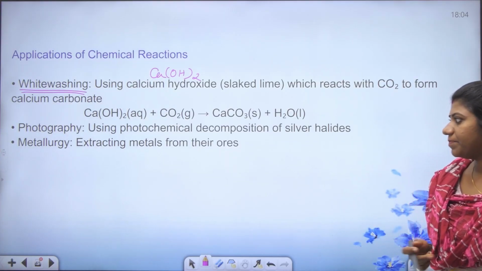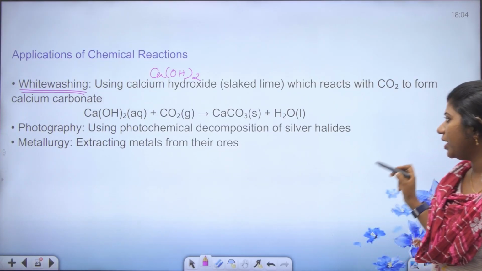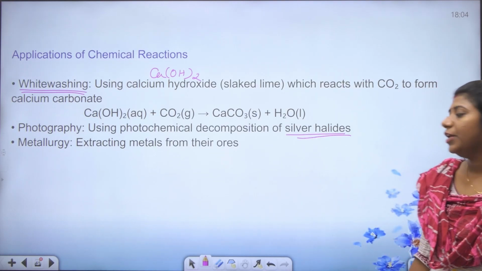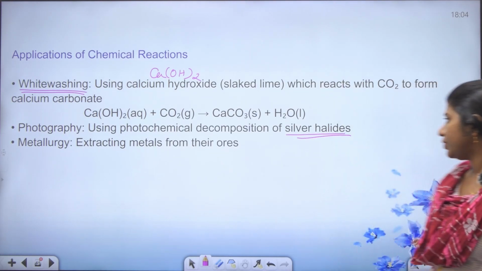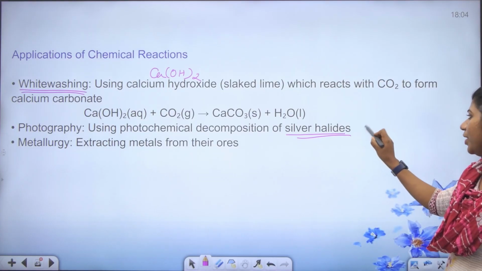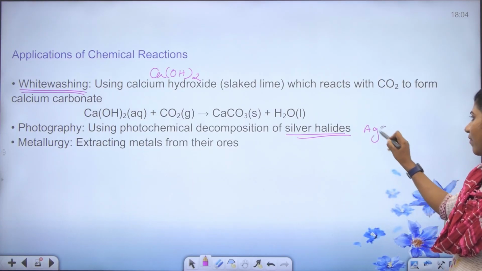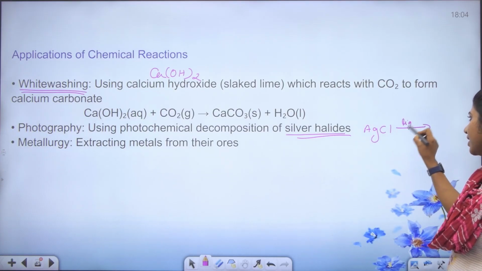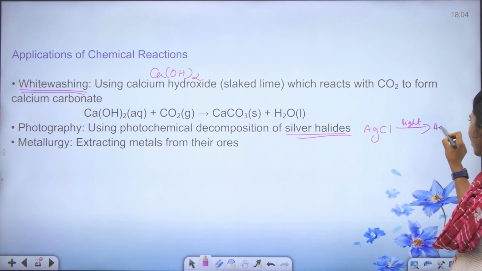Then photography, using photochemical decomposition of silver halide. We know that silver halide, silver chloride (AgCl) or silver bromide (AgBr), decomposes in the presence of sunlight to form silver.